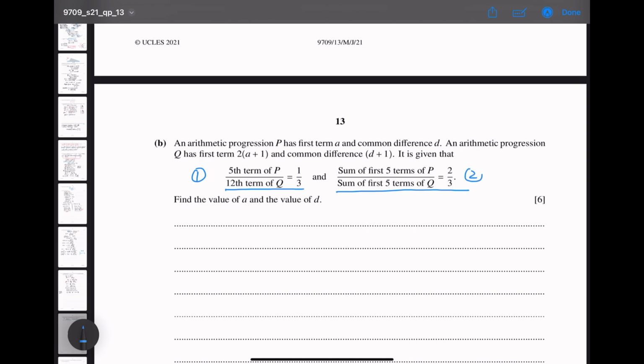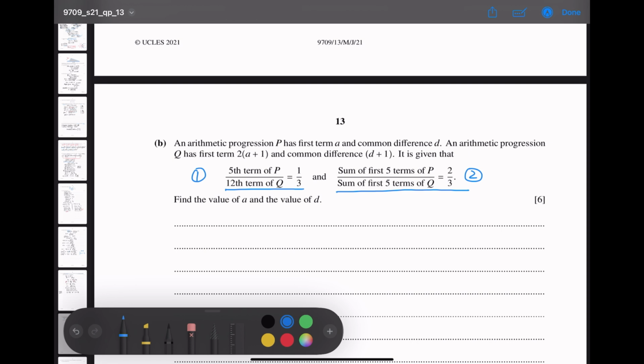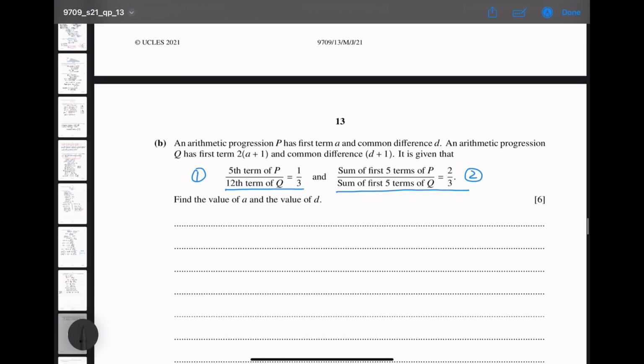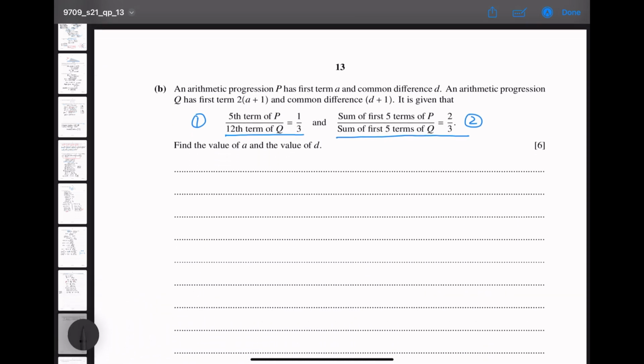In the second case, we will use the sum of n terms formula of AP. So we get two equations in A and D. Then we will solve those equations simultaneously and get the values of A and D. So first, we look at this first ratio. First case, the fifth term of P over the 12th term of Q.